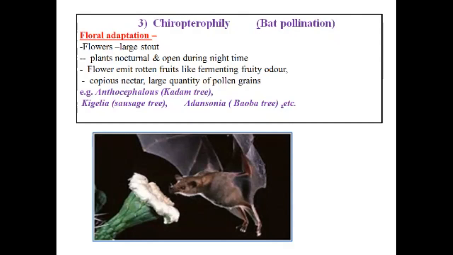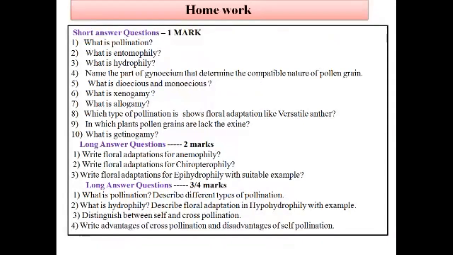A large quantity of pollen grains is produced. Examples of these are Anthocephalus, the kadam tree, Kigelia, the sausage tree, Adansonia, the baobab tree. So these are the examples of floral adaptation in chiropterophily.